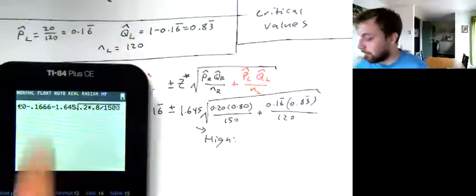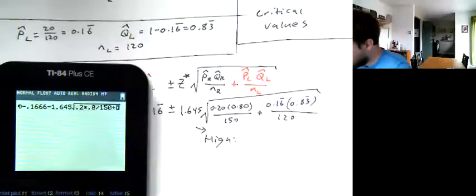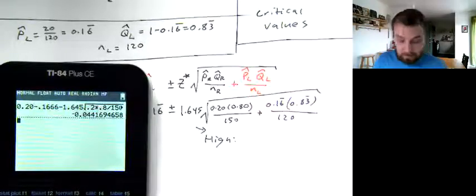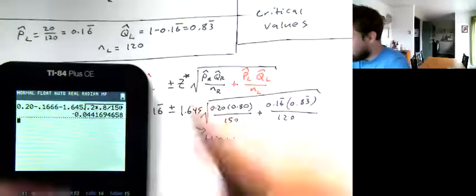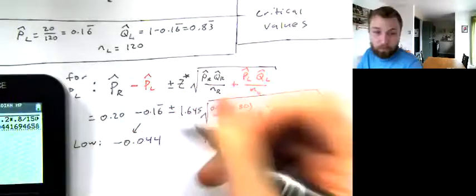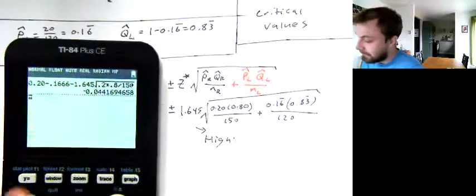I just need to make sure that everything stays underneath the square root. I have my 1/6 times 5/6 over 120. And I get a low value of negative 0.044 or so.